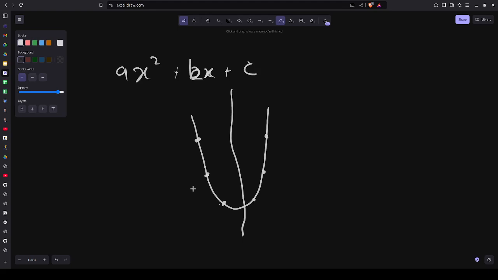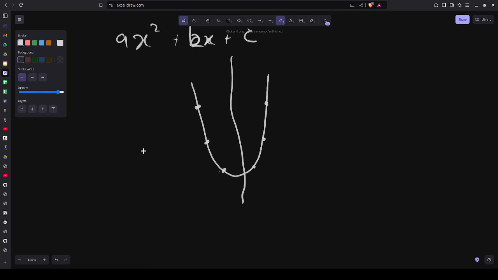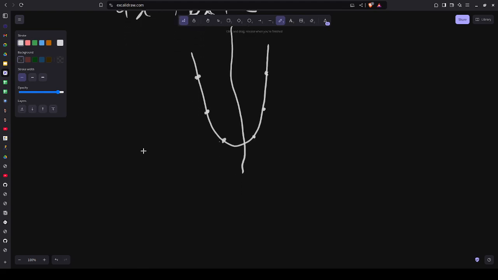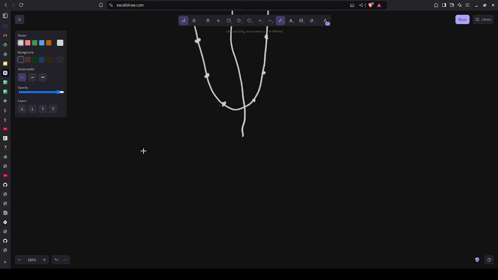So there are still infinite number of points on this curve, right? But to reconstruct this curve, how many points do we need? 3. Right. Okay. So now let's take this idea back to our question.